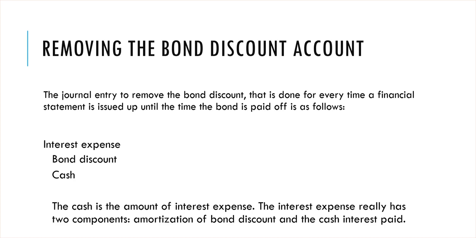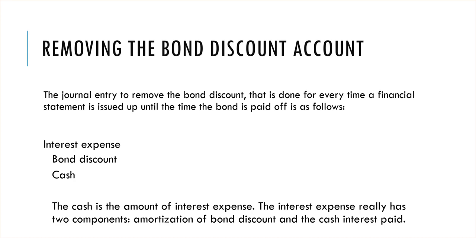We have the interest part from the bond discount removal, which we call amortization, but you're going to also have interest, which is being paid in cash. So in the previous example, we were paying $8,000 in cash every year.